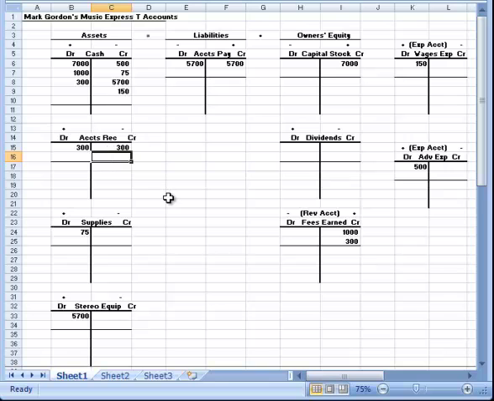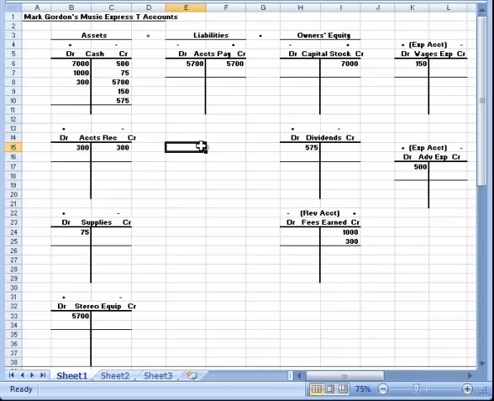J said Mark paid dividends of $575 cash. He was paid that, and so we increased dividends with a debit, and we credit cash for the $575. All right.